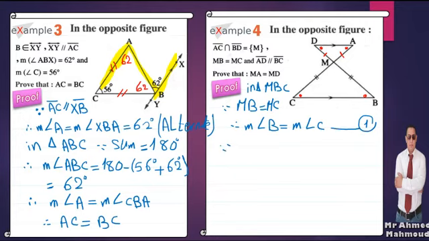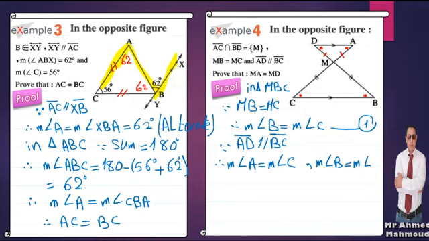Since AD parallel to BC, therefore measure of angle A equals measure of angle C, and measure of angle B equals measure of angle D, and these are alternate angles.